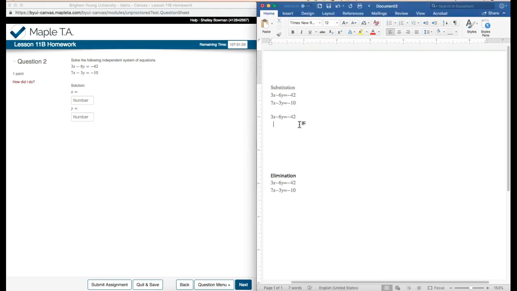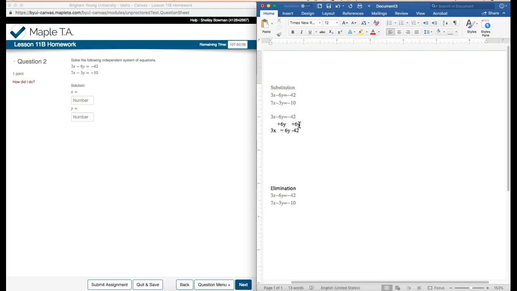So I'm going to add 6y to get rid of it on the left, and because I'm doing it on the left-hand side, I have to do it to the right-hand side so that the equal sign stays balanced. And I'm left with 3x, negative 6y plus 6y is 0, and then I have positive 6y minus 42. All right, now I need to divide everything by 3 so that x is all by itself.